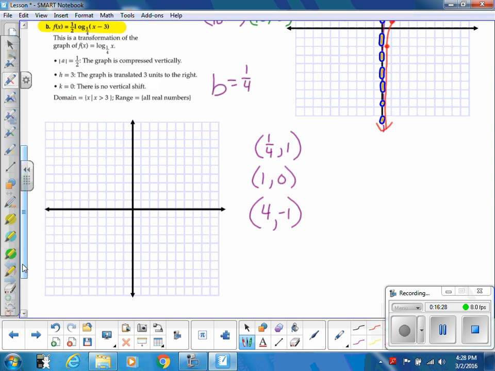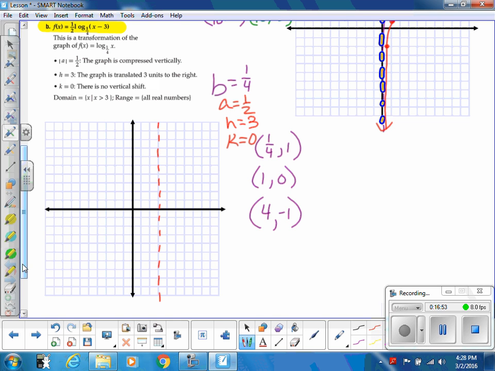Now I find my A, H, and K. Well, A is 1/2, H is 3, K is 0. If my H is 3, that means I have a vertical asymptote at 3. So there's my vertical asymptote.